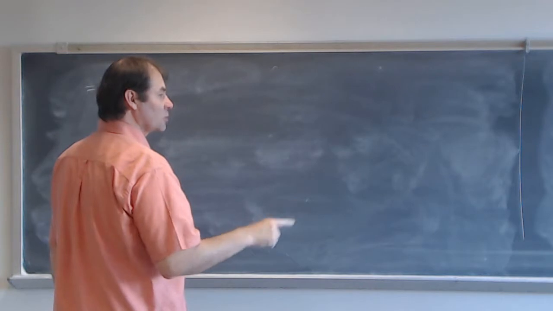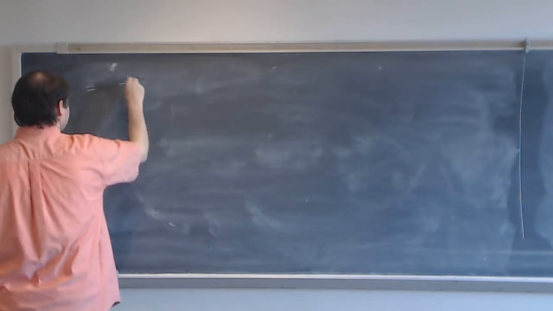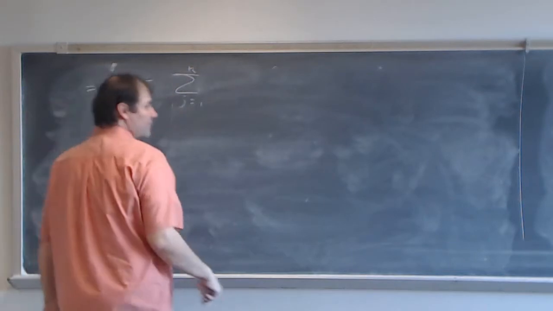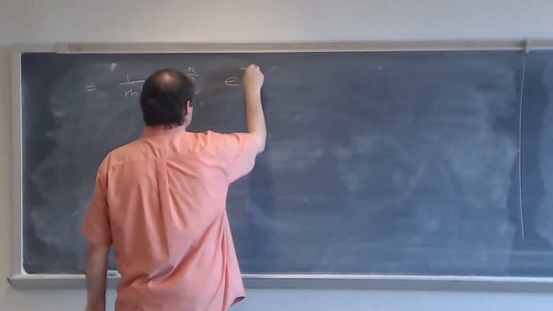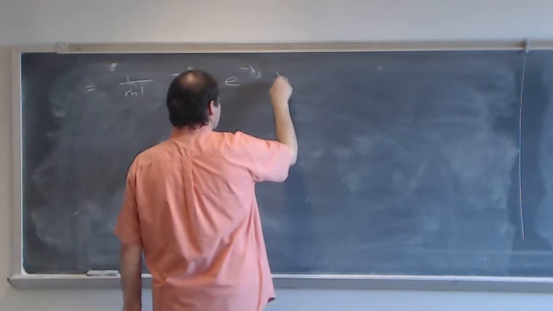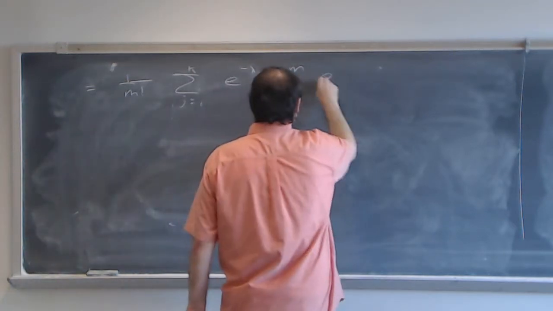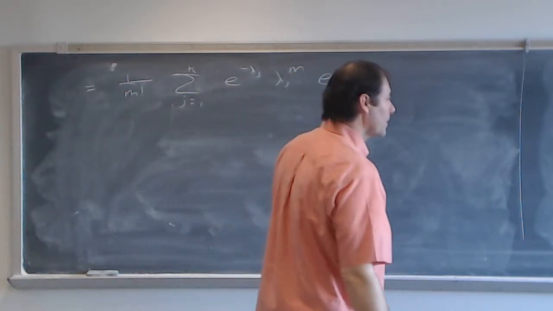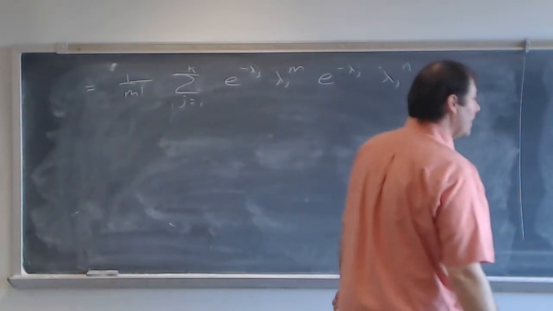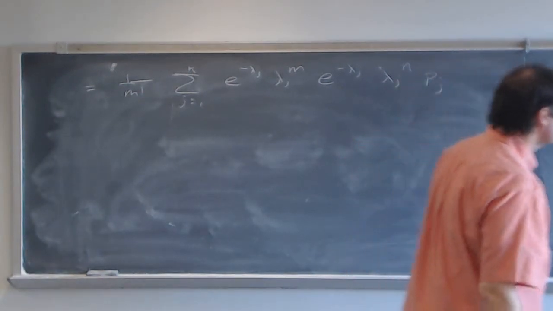As I said before, the n factorials will cancel with each other. And so we can write this down as two sums. The first one, 1 over n factorial, will come out front. It's the sum as j runs from 1 to k. It would be e to the minus lambda sub j, lambda sub j to the m. I pulled out the n factorial already. It would be e to the minus lambda sub j, so there. Lambda sub j raised to the n, and then p sub j. Yeah, I made a mistake.